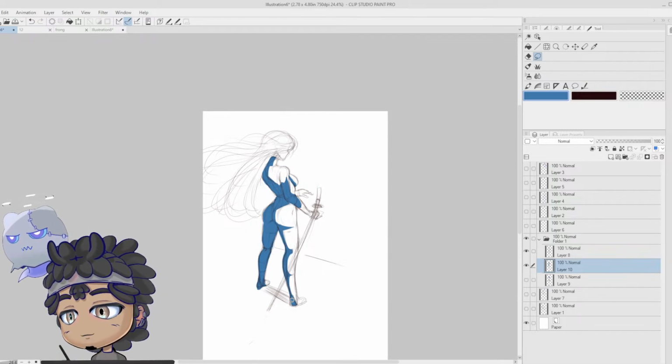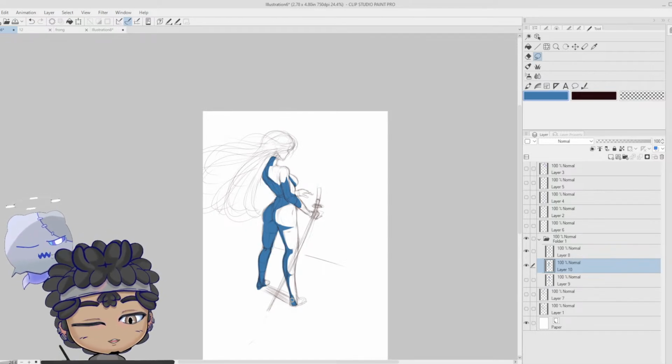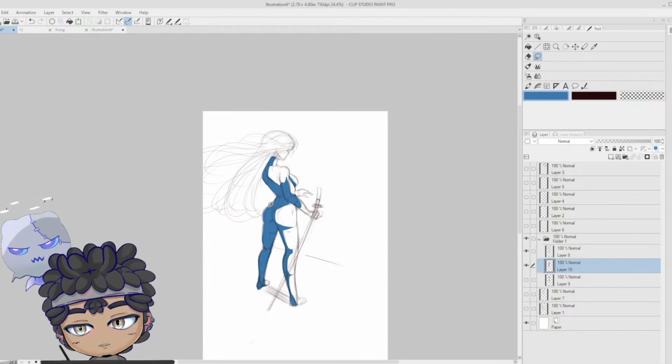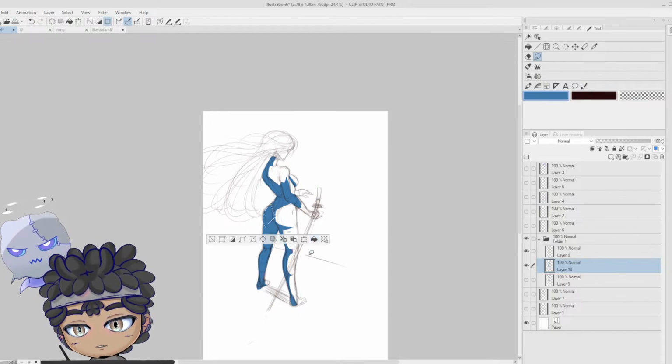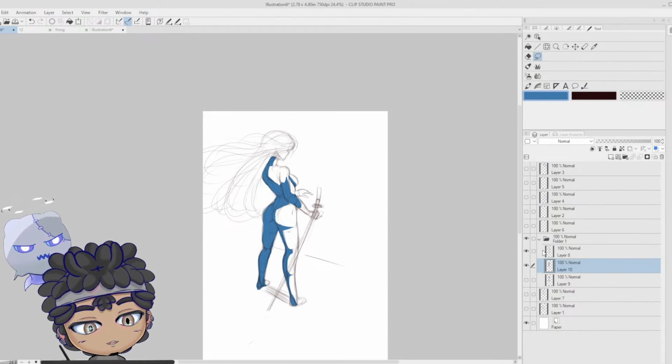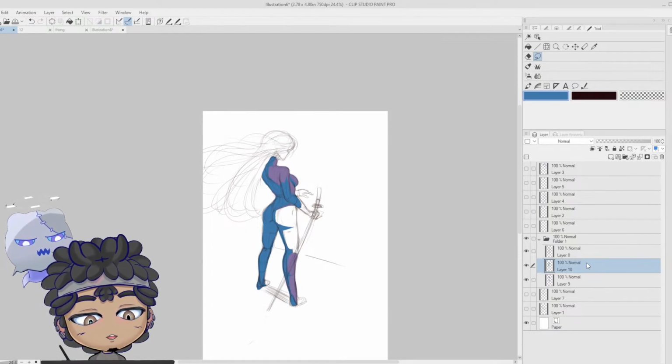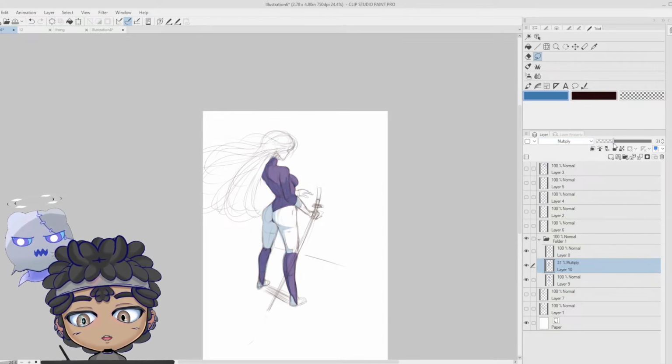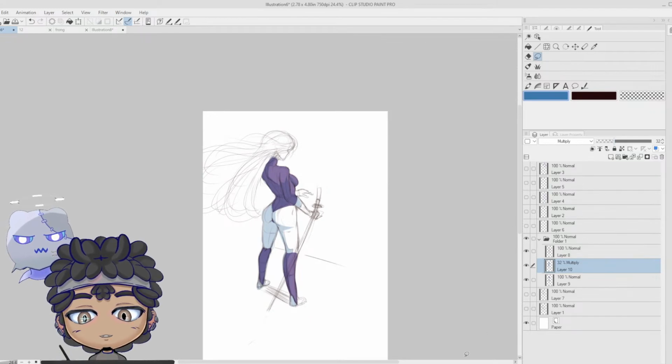Let me see. Alrighty. And then I'm going to make this a multiply. I'm going to turn this down. There we go, put up the shade like that. Then we got some shading there.